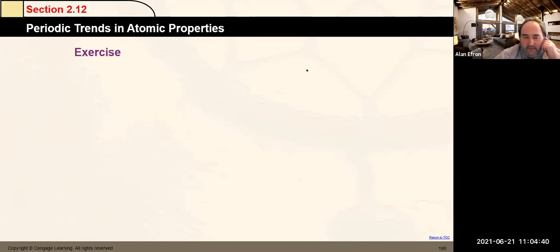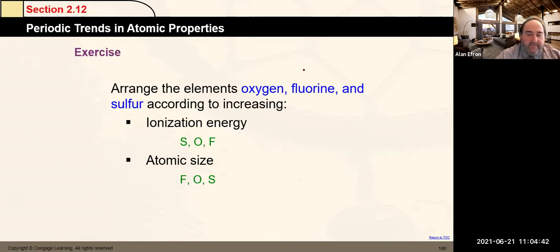And then let's put these guys in order of ionization energy. So we're looking at sulfur, oxygen, and fluorine. If we look at the periodic table, we have sulfur and oxygen in the same group, and to the right is fluorine. In terms of ionization energy, we are increasing as we go to the right, so we definitely know that fluorine should have higher ionization energy than oxygen.